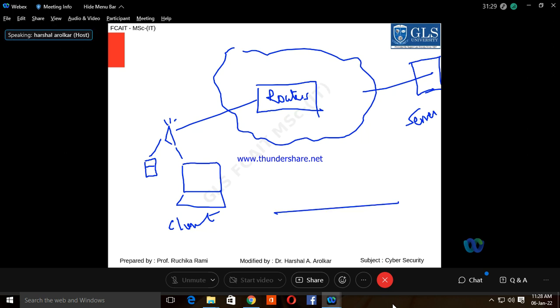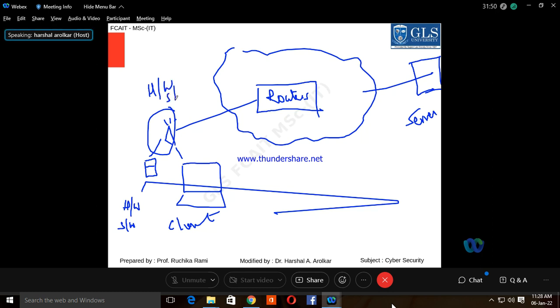Okay. So now in this particular case, if we look from an angle of what do we have here, this is a device which contains a hardware. It also contains a software. Same way, this access point also is a device which contains a hardware. It also contains a software.